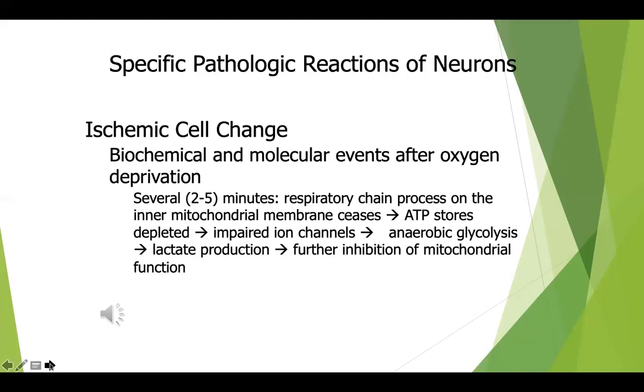And so this depletes our ATP stores, and our ATP is very important in the ion channel functions in the cell membranes. So there would also be impairment of the ion channels, the sodium potassium pump, etc. And the brain will now resort to anaerobic glycolysis, which leads to production of lactate. And lactate itself further inhibits mitochondrial function.